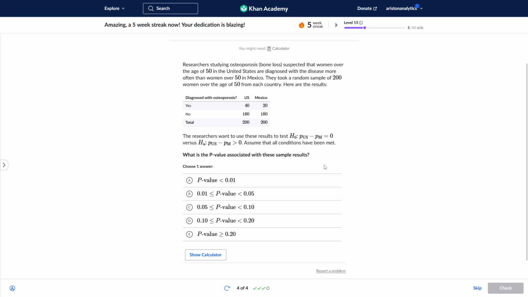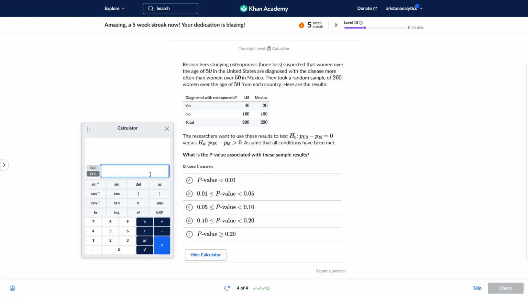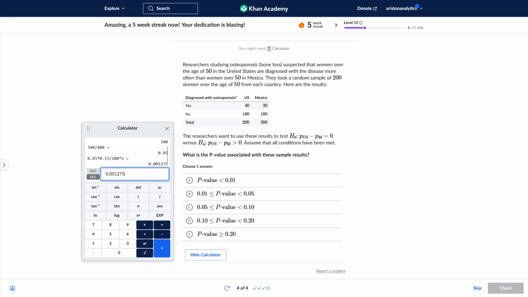Let's try to do this one without a calculator. Okay, let's do the denominator first. 160 plus 180 divided by 400. Okay, this times that divided by that times 2. Square root that. Denominator done.